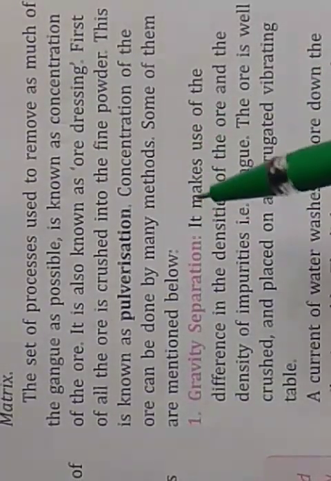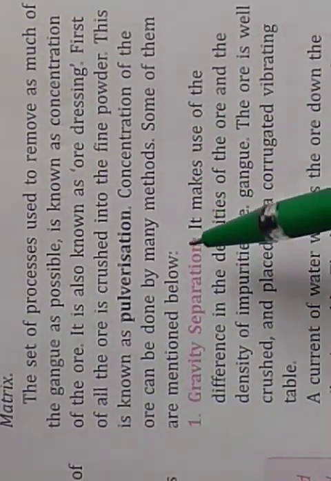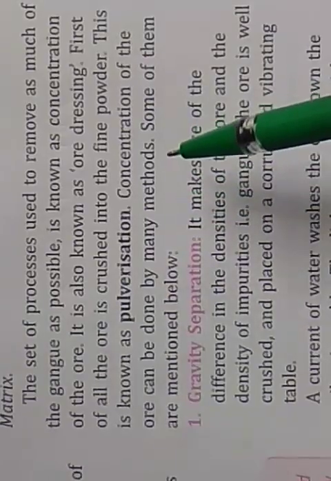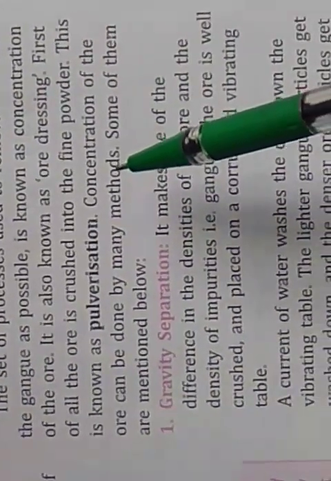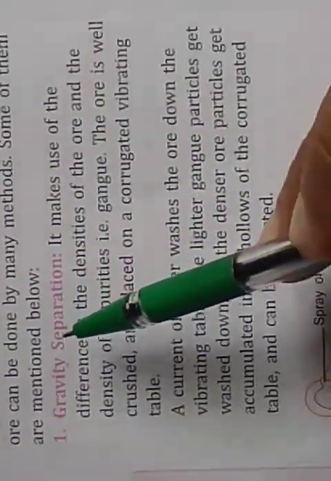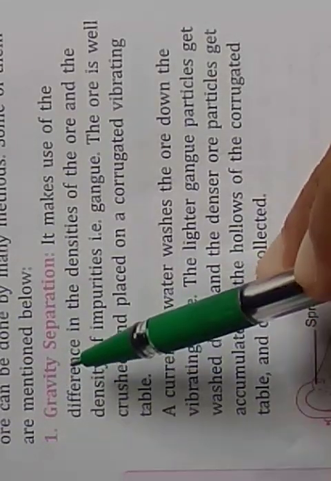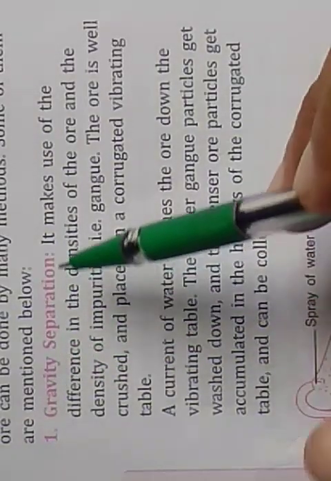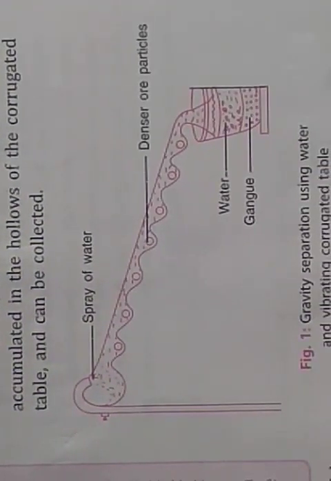Now some methods can be applied for the concentration of the ores. The first method is gravity separation, and the diagram is given.